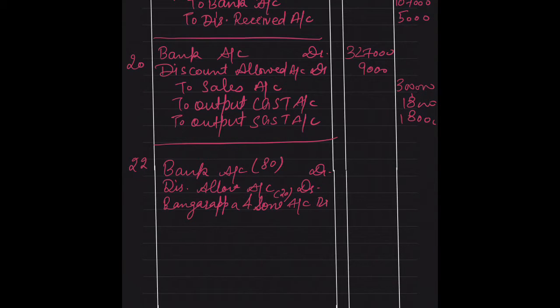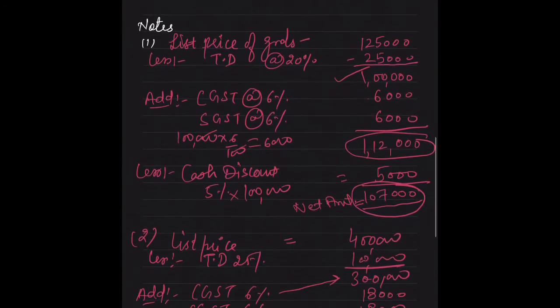On credit we use the party name. To sales, to output CGST account, and to output SGST account.